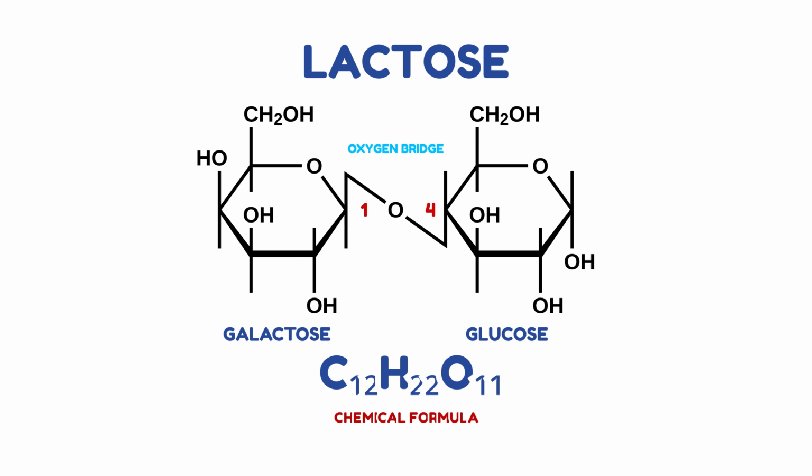So, to sum it up, lactose is made of galactose and glucose, linked by a beta-1,4 glycosidic bond, and has the chemical formula C12H22O11. Understanding this structure helps explain why some people can't digest it properly, especially if they lack the enzyme lactase, which breaks this bond during digestion.